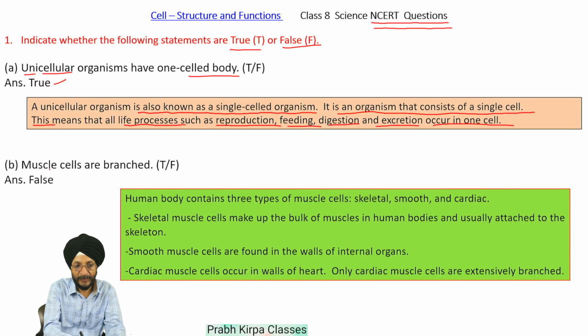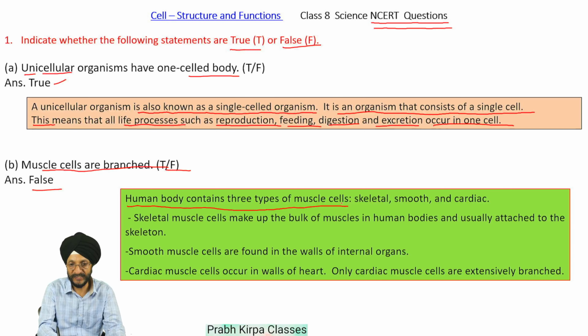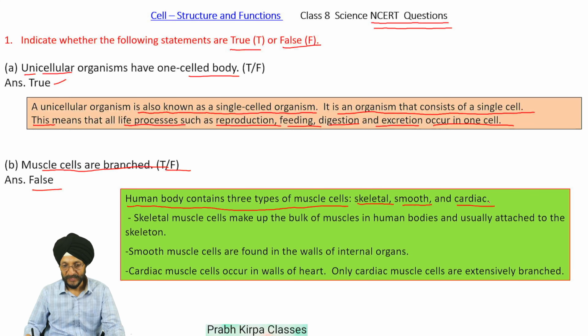Now the next statement is: muscle cells are branched. Is it true or false? False. Why? Here is the answer. The human body has three types of muscle cells: skeletal muscle cells, smooth muscle cells, and cardiac muscle cells.